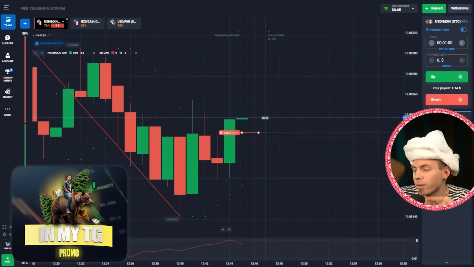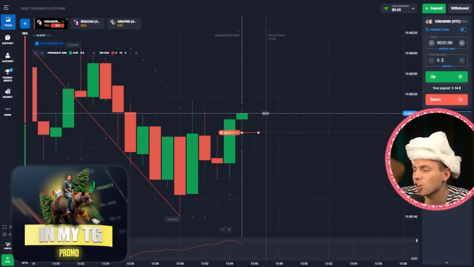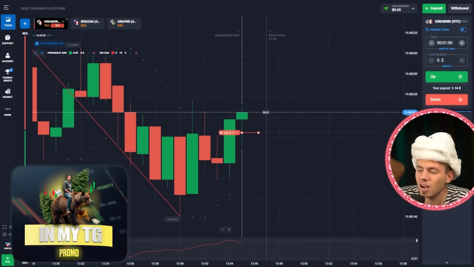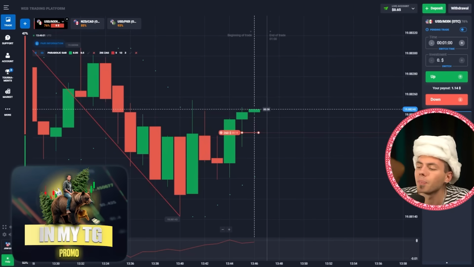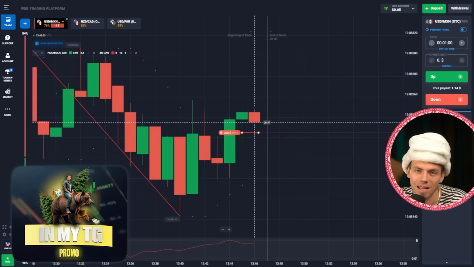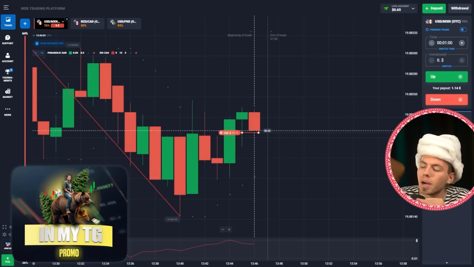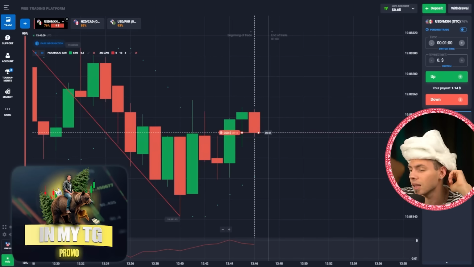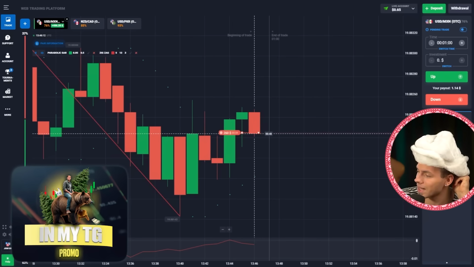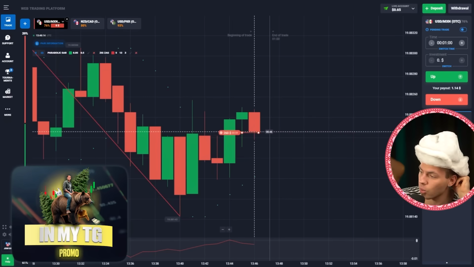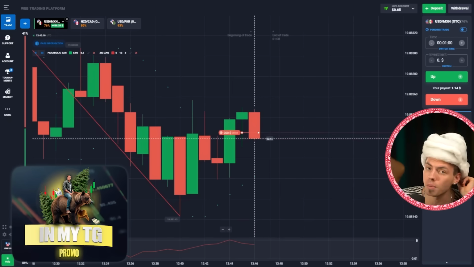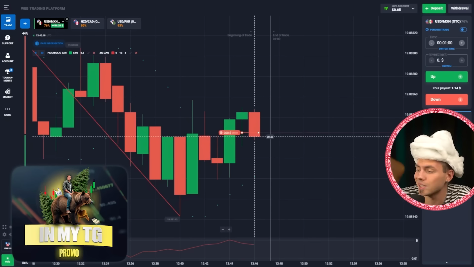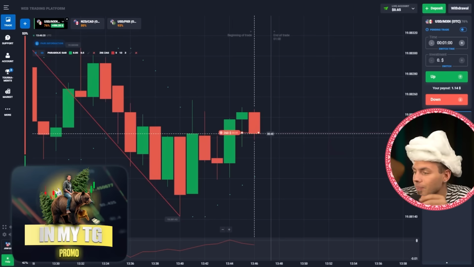Between these two levels we have very strong resistance, which means the price can oscillate in between these levels, but definitely will not break out of the upper level of this range. This means that right now we will see the option going down, the short option, and all we need is to be a little bit patient, guys.